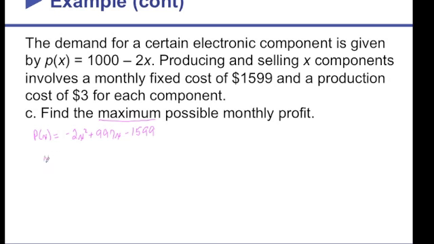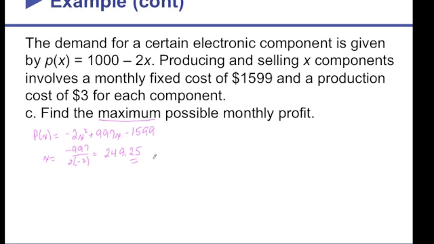The x value of the vertex will be negative b over 2a, so negative 997 over 2 times negative 2. That turns out to equal 249.25. Since we won't be producing only part of a component, I'm going to change this to 249.